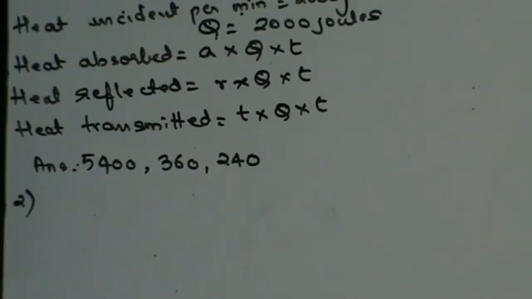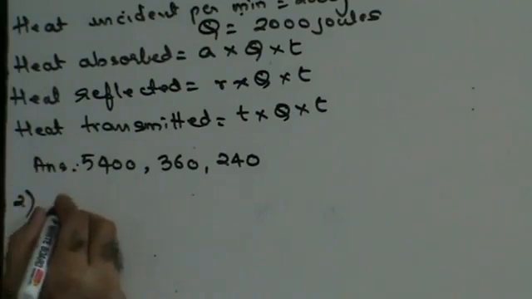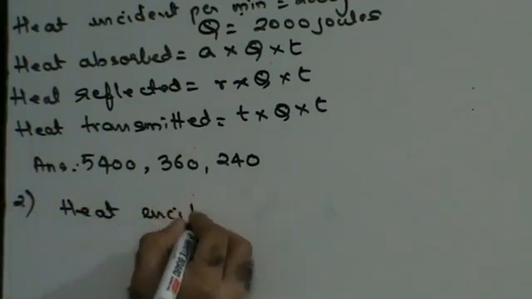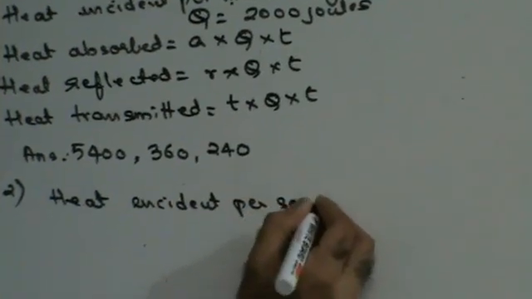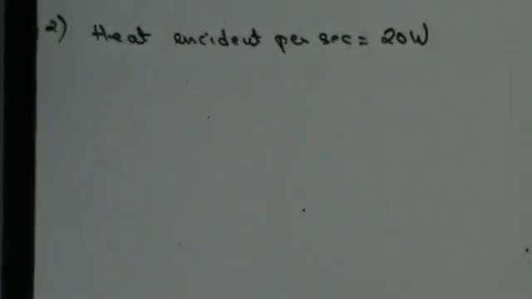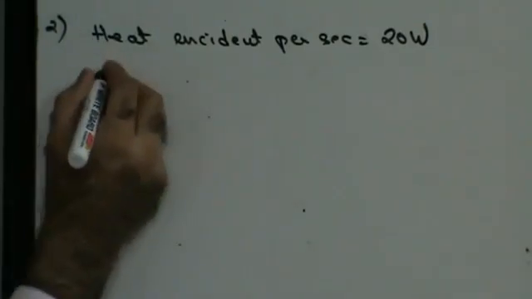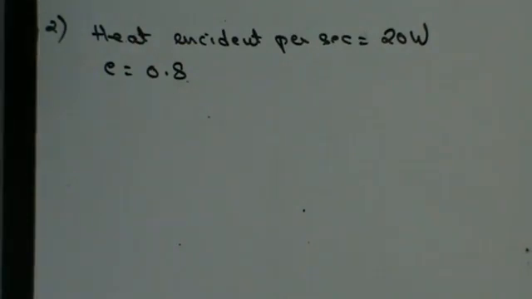Find the heat energy incident. Sorry, heat energy is incident at a rate of 20 watts per second on an opaque body having an emissivity of 0.8.